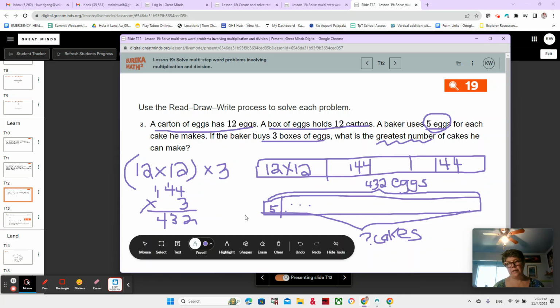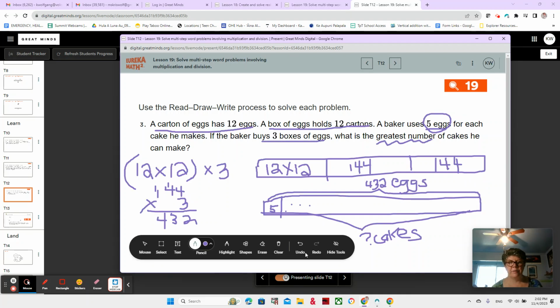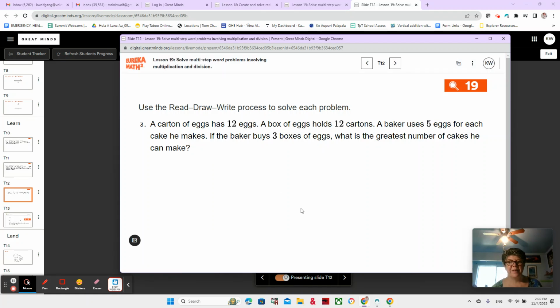Okay, make sure you got that written down. If not, then please pause and get it written down, because I'm going to clear it off so we can do our division problem. Okay, 432. Oh, I guess I got to clear it. There we go.